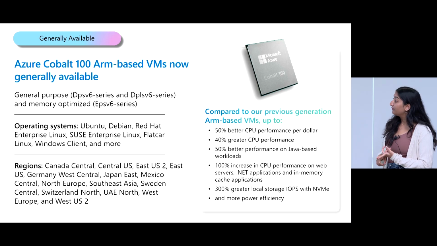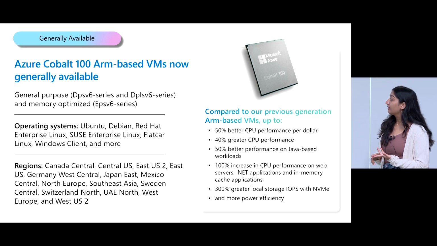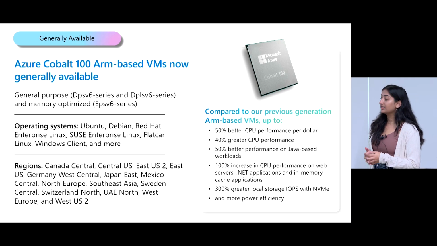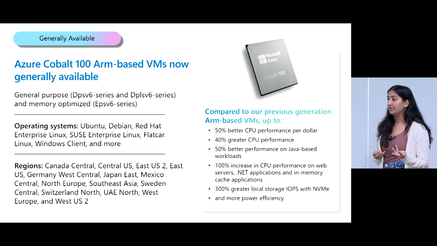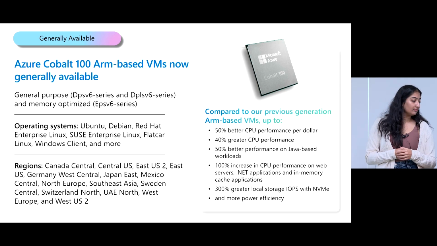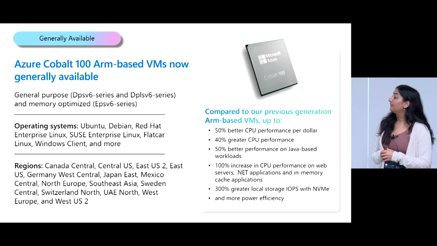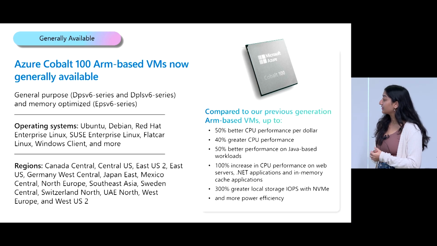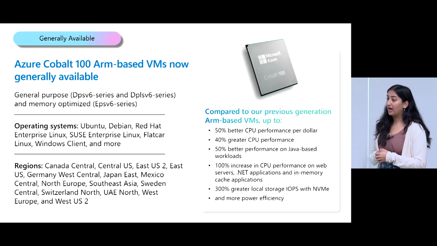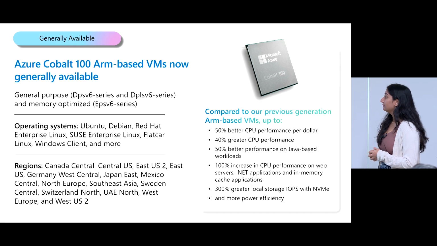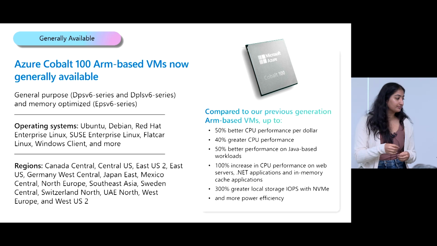So up to 50% better CPU performance per dollar, 300% greater local storage IOPS, so the measure of performance of how it retrieves data from storage, and higher power efficiency. And you'd be able to explore these different options within the available VMs in Azure.